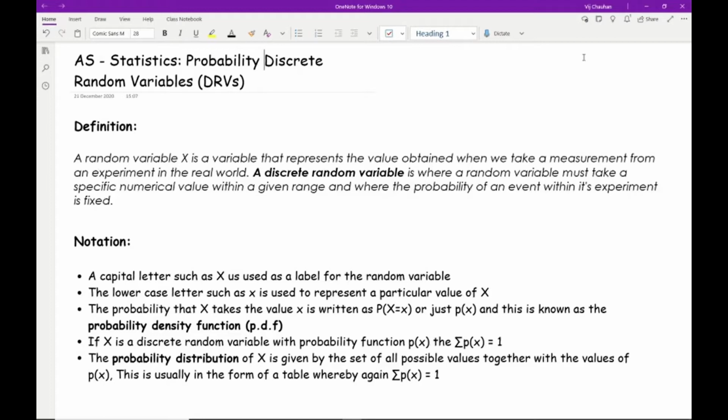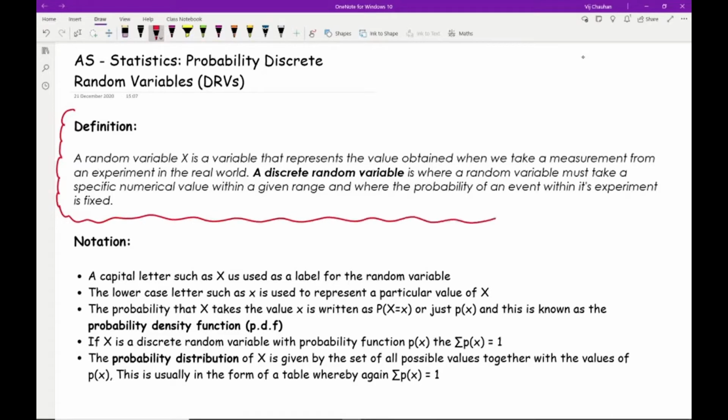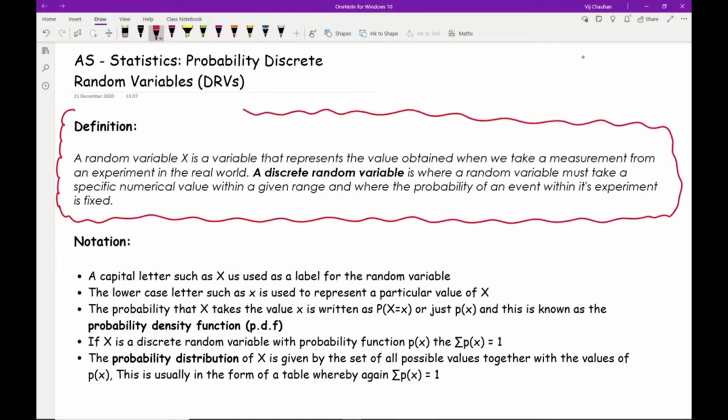Now again, that may just sound like absolute gibberish at the onset, and might seem very confusing, but when we go through examples I will go through what each of those particular bullet points actually represents. But definitely in terms of your notes, I would make a note of the definition, because there are other random variable types that you can work with, particularly linked in with A-level statistics.